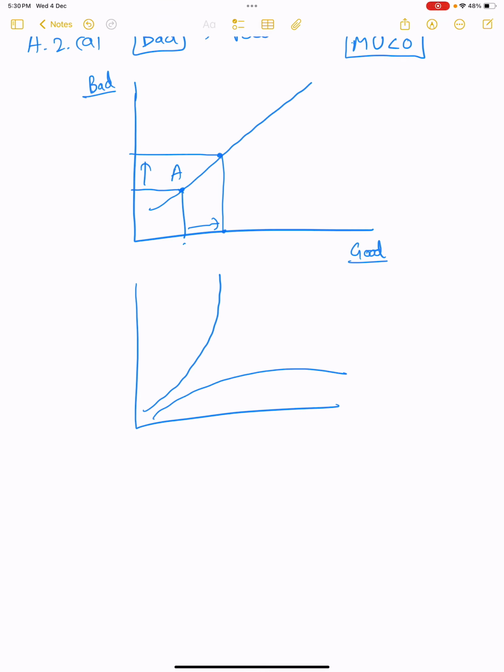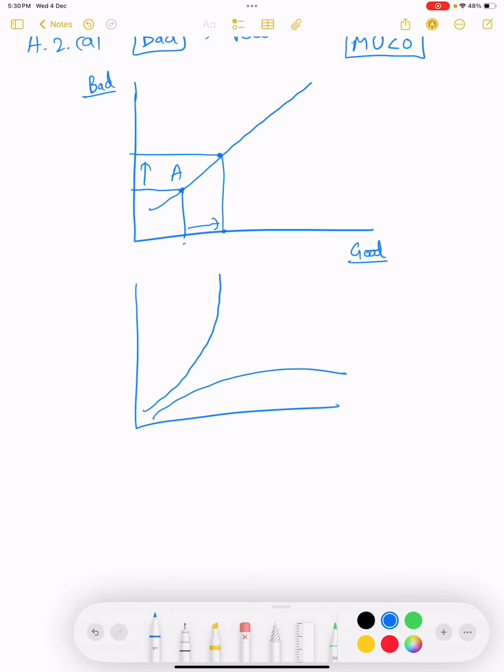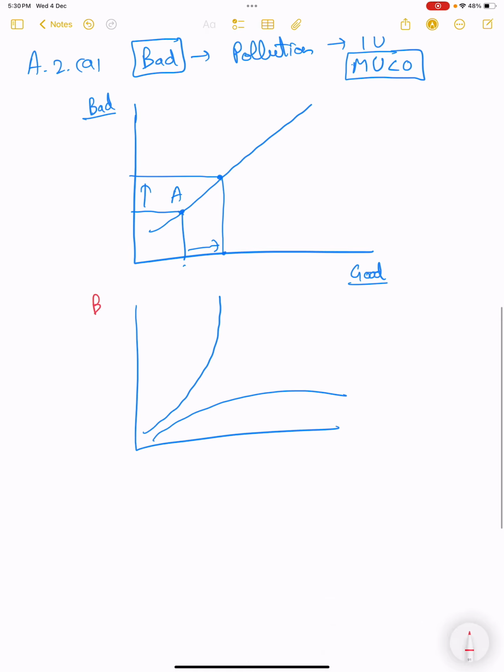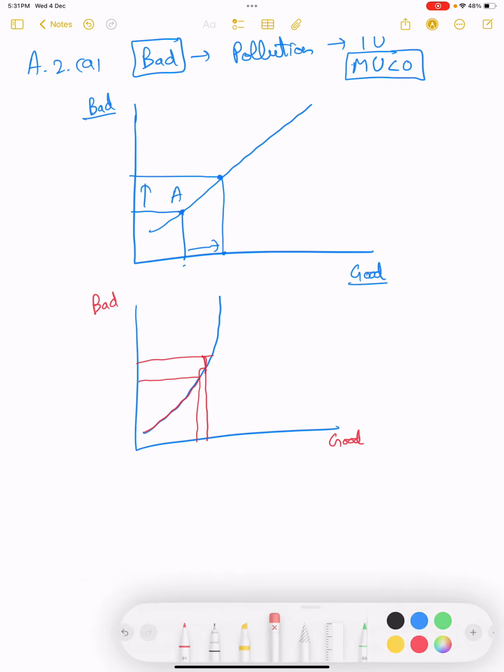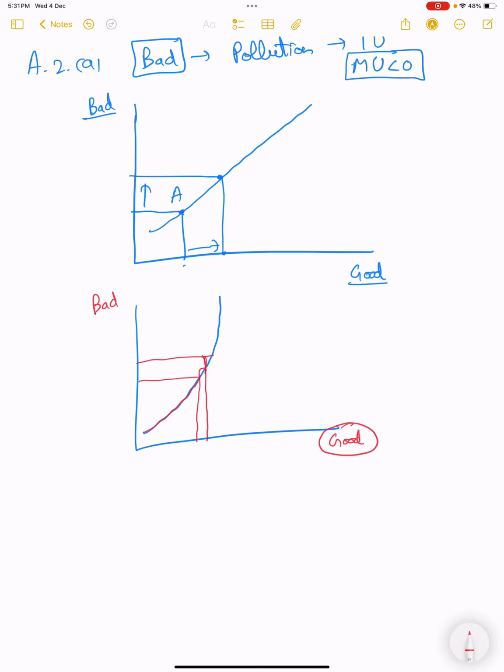Now what would a shape like this suggest? Here it is bad, here it is good. This would suggest that a slight change in good is sufficient even if there is a large change in bad. So you value this particular good so much that even a small change in this is sufficient to compensate for this much large change in bad.